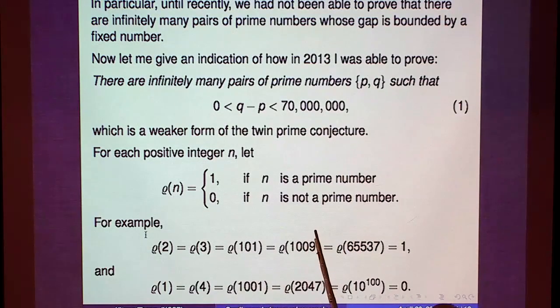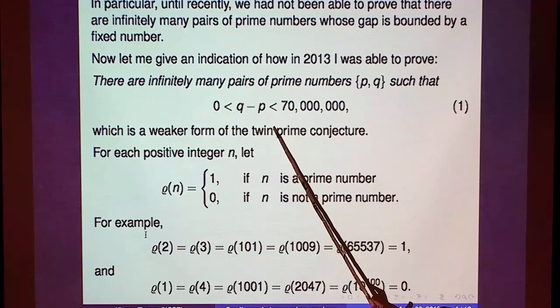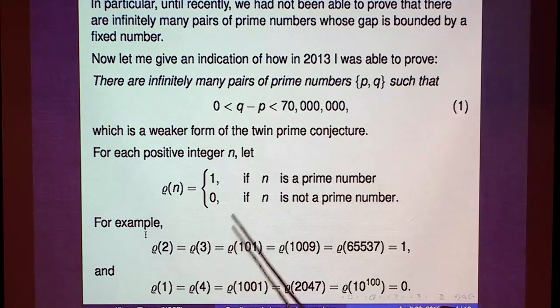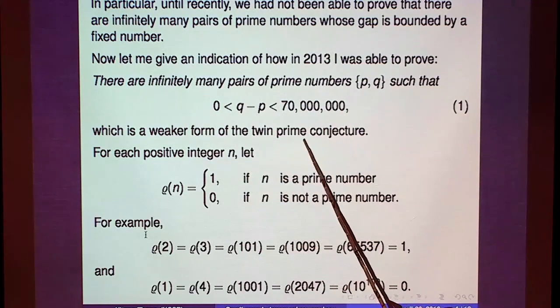This number is very large, but it is the first time we get an upper bound. Before the 70 million, the previous result was Q minus P is less than infinity. But that was trivial, right? So now we are given what is a weak form of the twin prime conjecture.